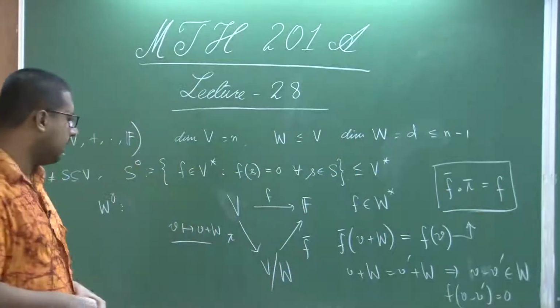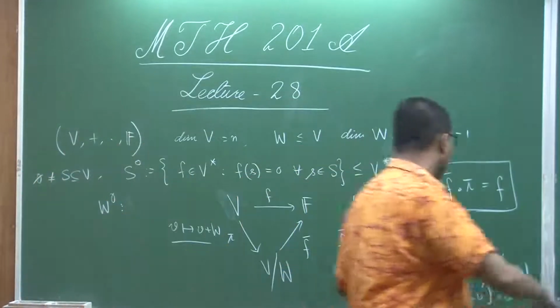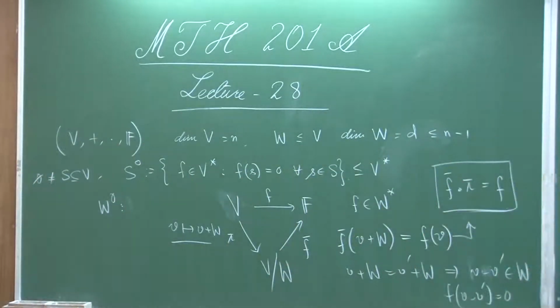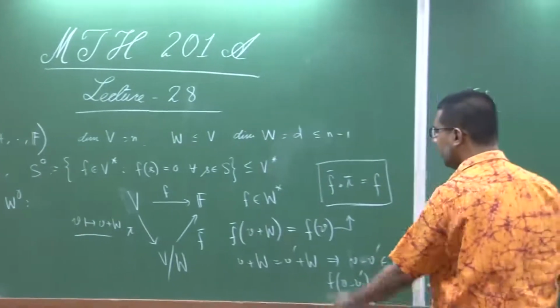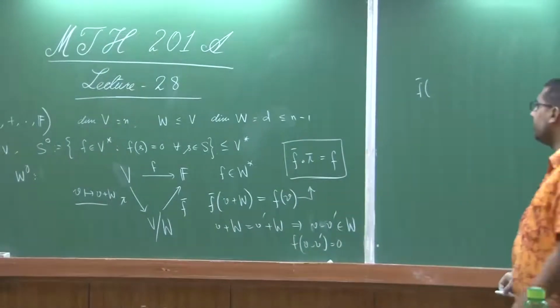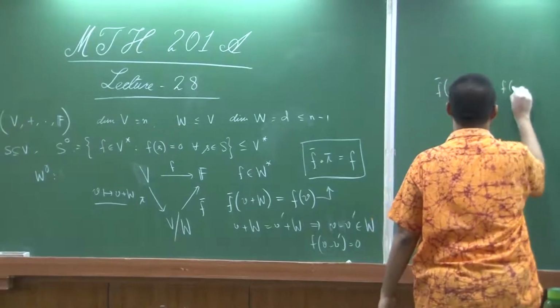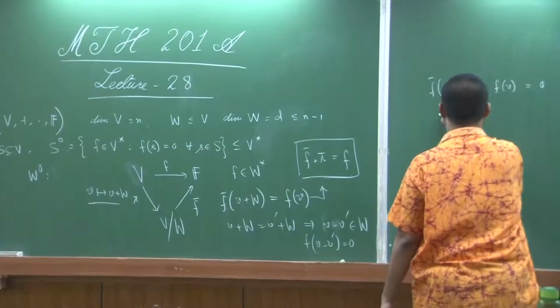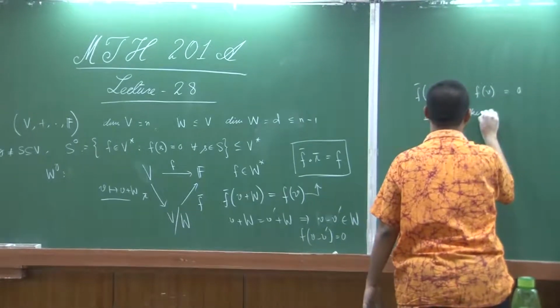In general this map is not injective, that is very easy to see. Why? Since this is what we have proved to be linear, injectivity means we have to show the kernel is trivial. So, f bar of v plus W is f of v. If this goes to 0, then that forces v to be inside the kernel of f.